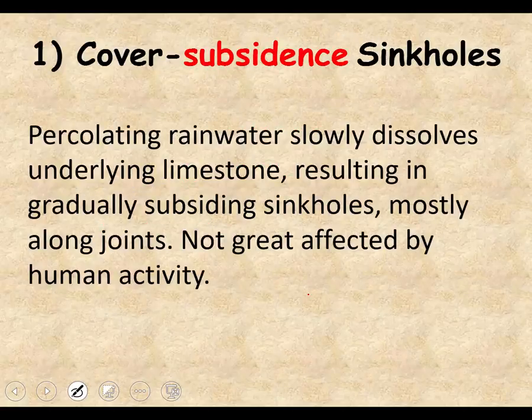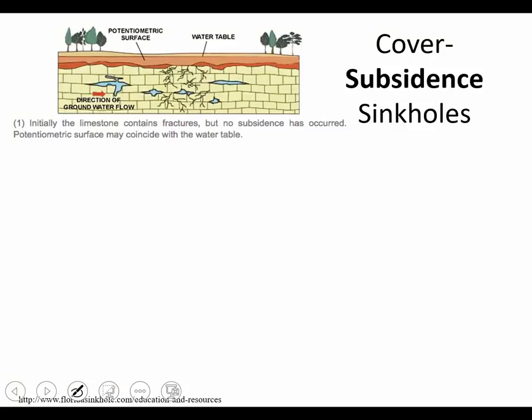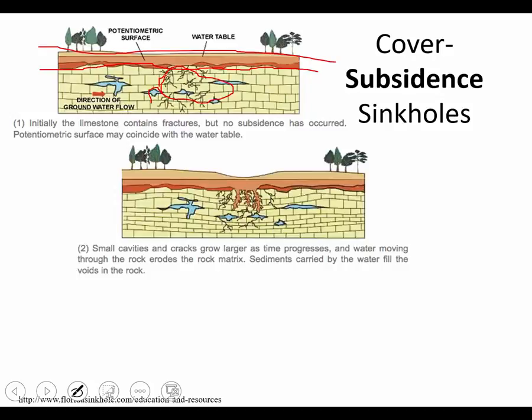A cover subsidence. Okay, here's a case where, first of all, we have some cover material. Water is sinking through that cover, and we're getting a little dissolution. Okay, and so it might look something like this. Here is the cover, whatever that might be. And water's coming down, it's beginning to dissolve in here.